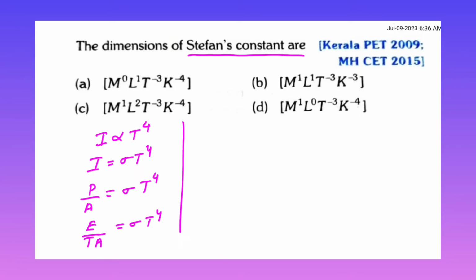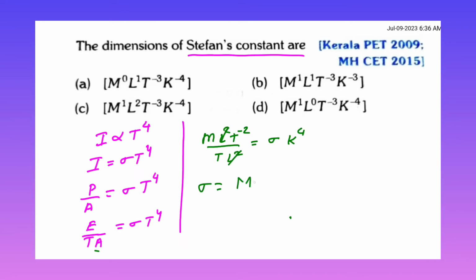Then here, energy means ML square T power minus 2 divided by time T, and this is area, taken as L square, and this is sigma T power 4. T power 4 means temperature is given in Kelvin, K power 4. Therefore L square gets cancelled.